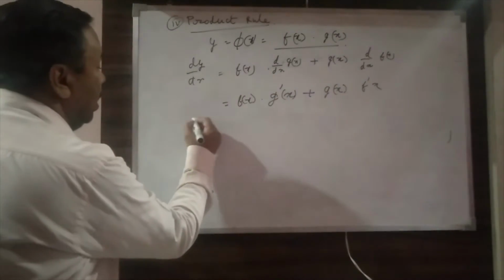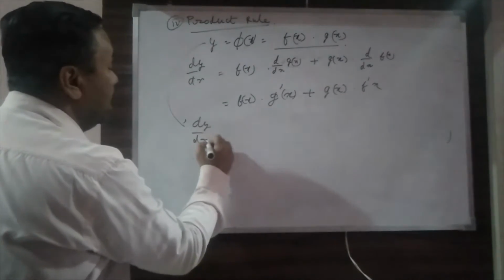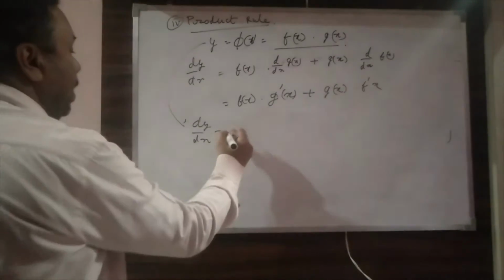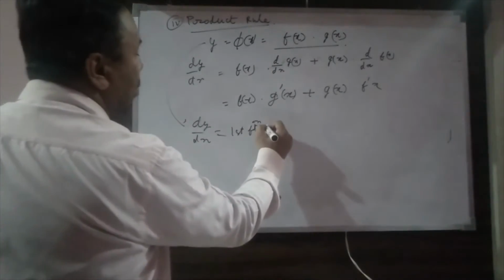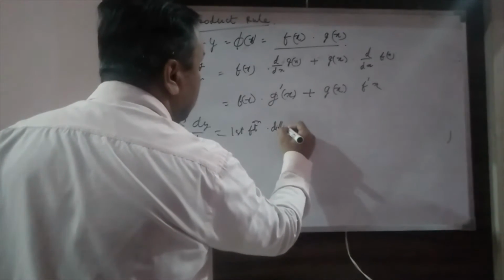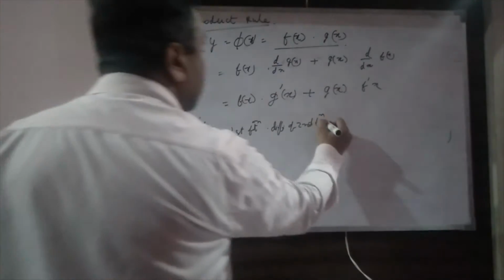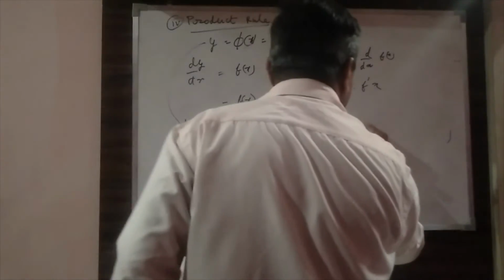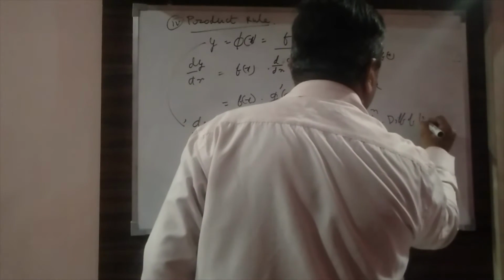If y is equal to this, then dy/dx will be, just take it as a golden rule, first function multiplied by differentiation of second function, plus second function multiplied by differentiation of first function.